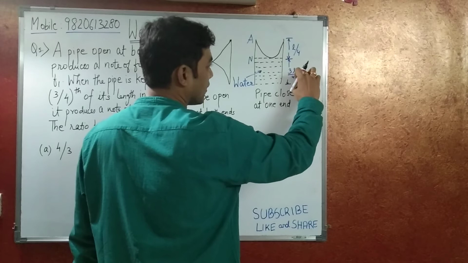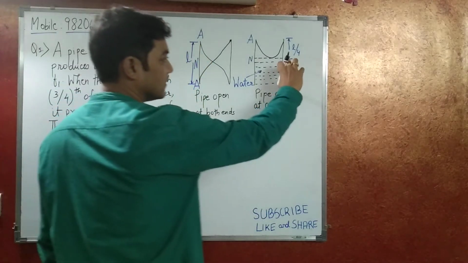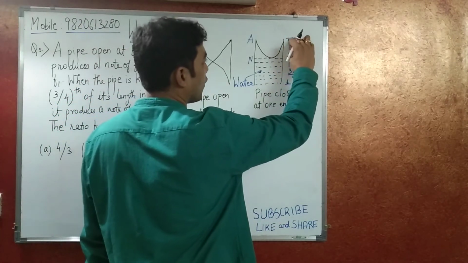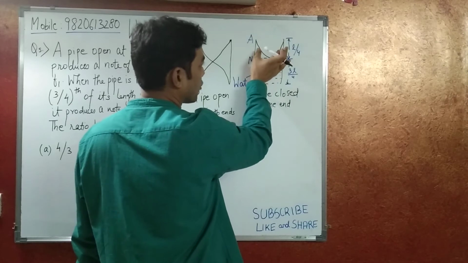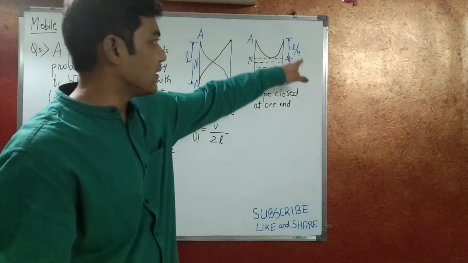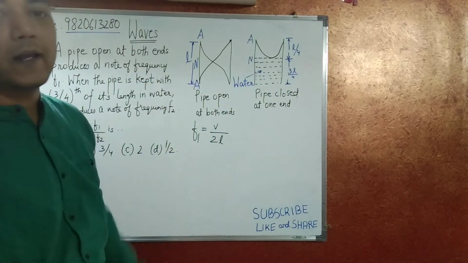So this much is your 3L by 4. Remaining L by 4 will be this portion. If you add L by 4 and 3L by 4, you will get L.